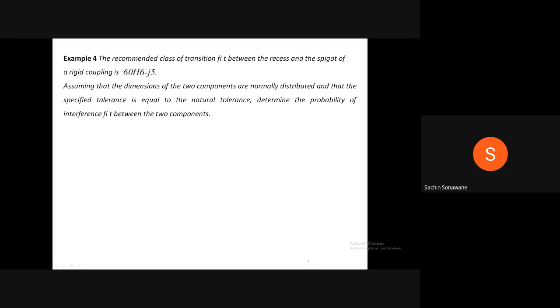Okay, I think you have written the problem. We will solve the problem now. Solution. Given data, class of fit is equal to 60H6J5.